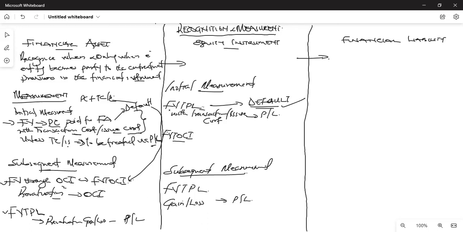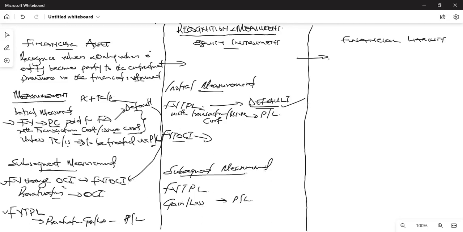It is through P&L, just like in terms of assets, the default is through OCI. The default for initial measurement of an asset is to add the transaction cost as part of the asset. When it comes to the subsequent, if you have the default, your subsequent will be fair value through OCI. In the same way here, the default is fair value through P&L, so your subsequent measurement will also be through P&L.